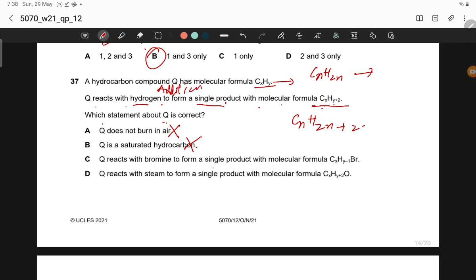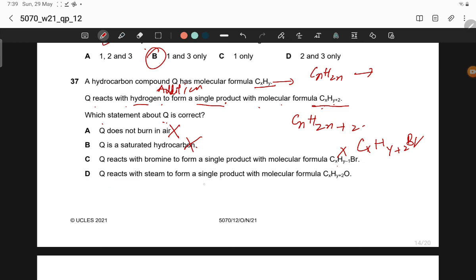Q reacts with bromine to form a single product with the molecular formula CxHy-1. That is not correct. CxHy+2Br. So it is also incorrect.